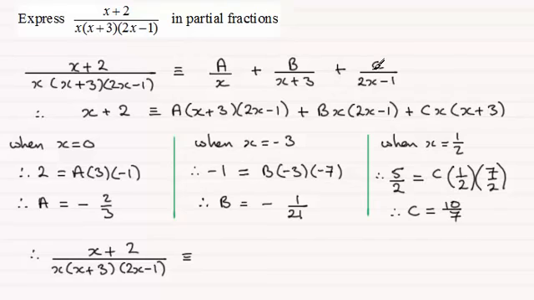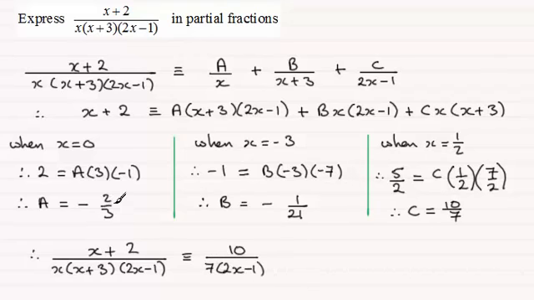I'm going to start with that one, it will look better. So rather than have 10 over 7 all over 2x - 1, I can rewrite that as 10 all over 7 times (2x - 1).